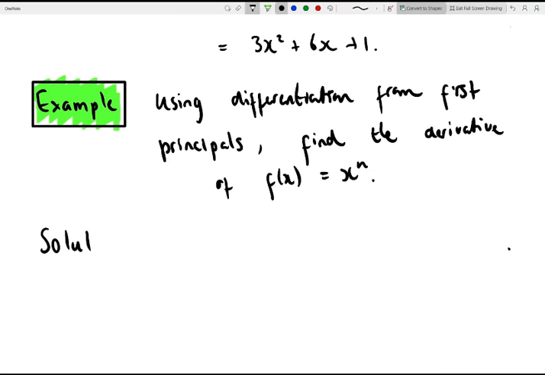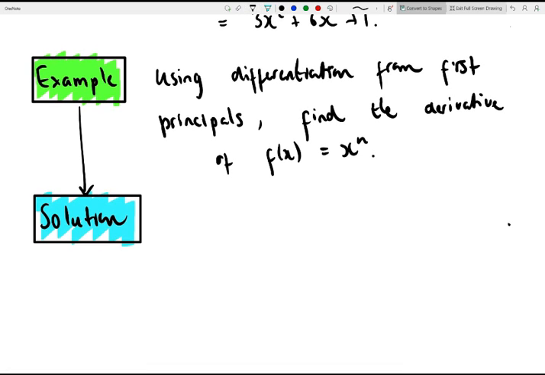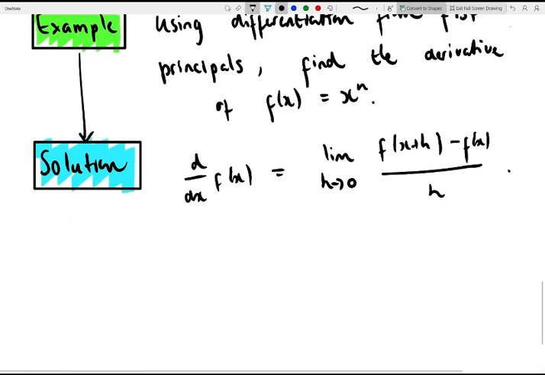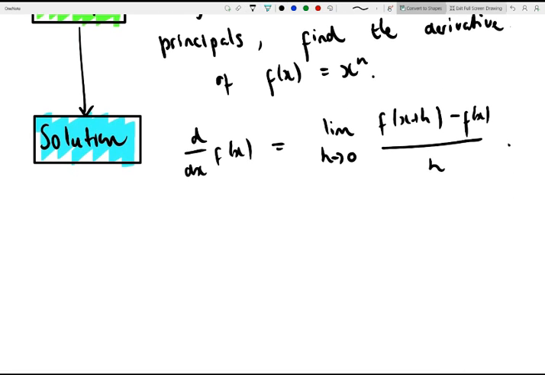So our solution is we need to calculate d dx of f of x using the formula as the limit of h tends to 0 of f of x plus h minus f of x all over h. And when f of x is x to the n, that's the same as x plus h to the n minus x to the n all over h.